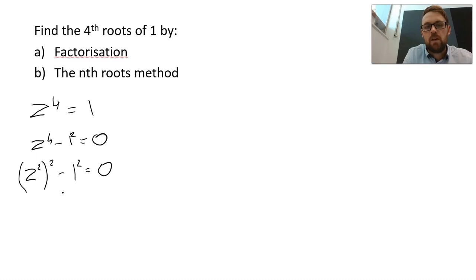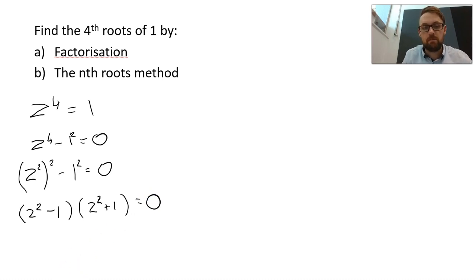If I rearrange this, I would write it as z squared take away 1, multiplied by z squared plus 1. If you expand this out, we get z to the power of 4, the cross terms cancel, and we get 1 times negative 1, which is negative 1. So that is the first part of this factorization, but we can do another.